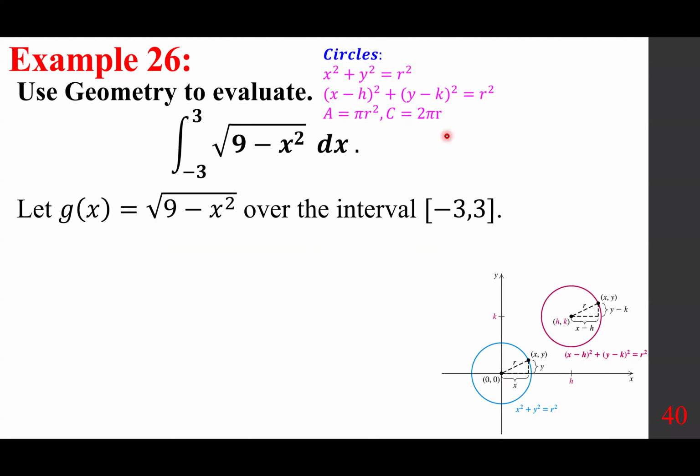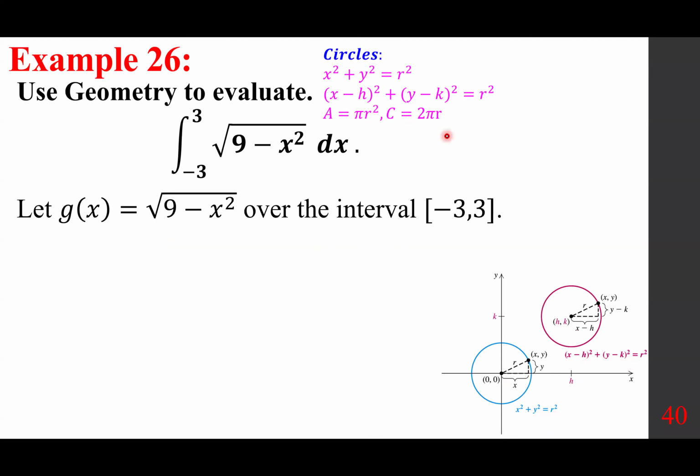So what has it got to do with this function? Well, reminding you about the semicircles in the following manner. If you call this y, let me square this first. If I square this, I get y squared. And square this, I get 9 minus x squared.